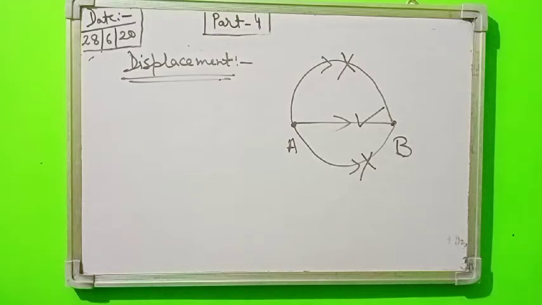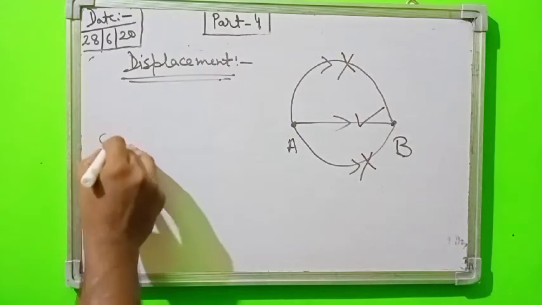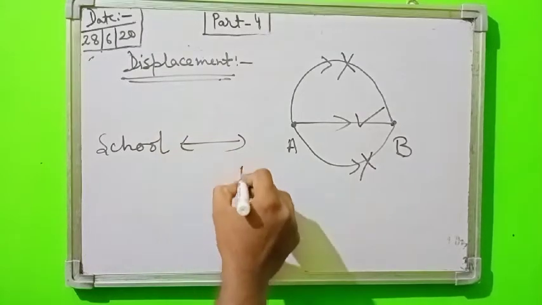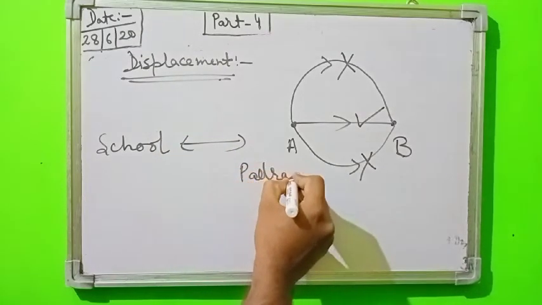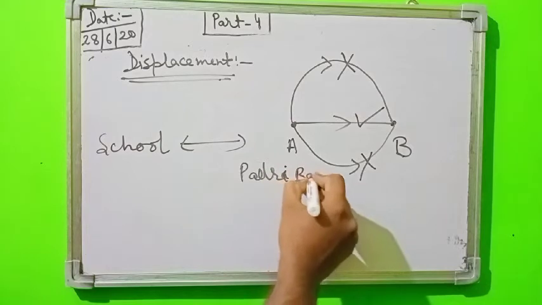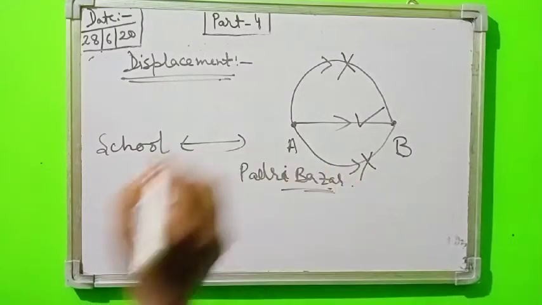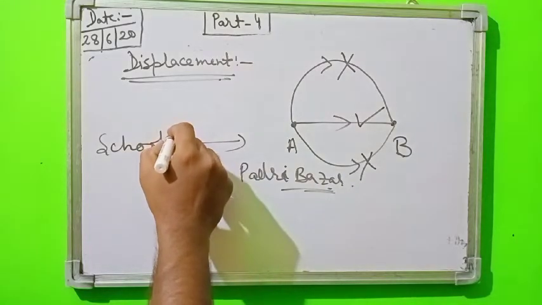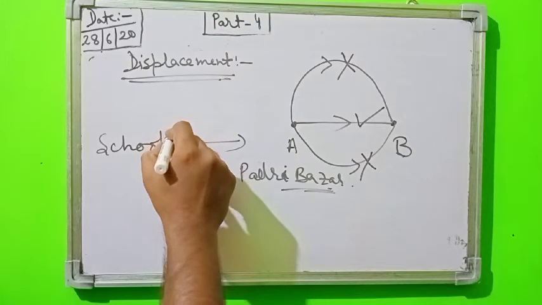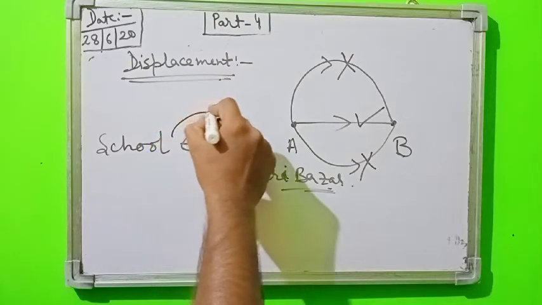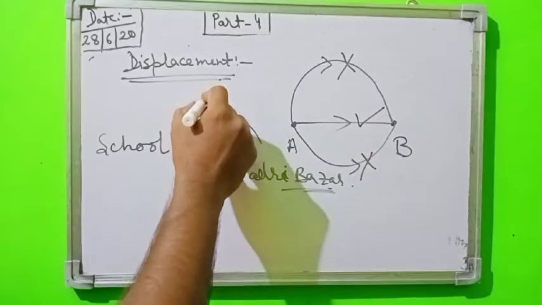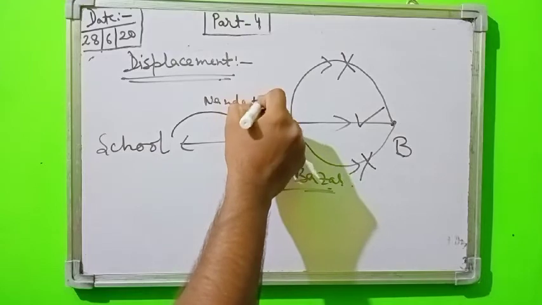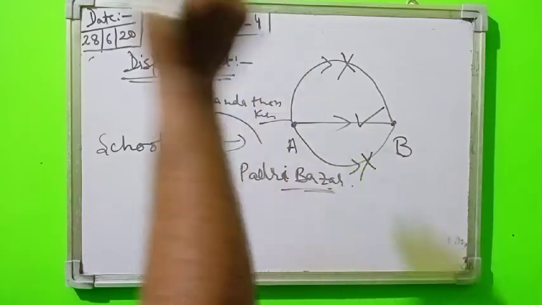Suppose this is your school and you have to go to Padri Bazaar. Now there are various ways to go to Padri Bazaar. You can go through, suppose, Nandanagar, then Kuda Ghat, and so on.